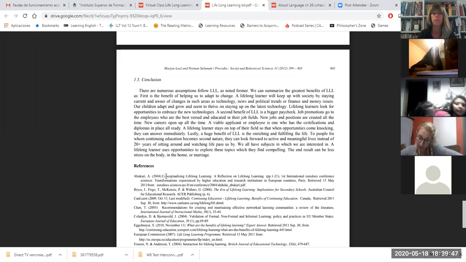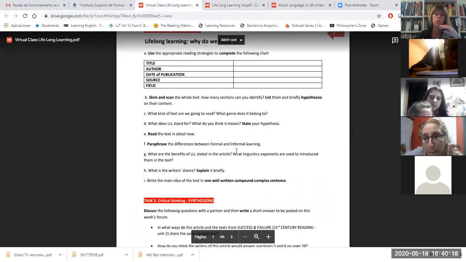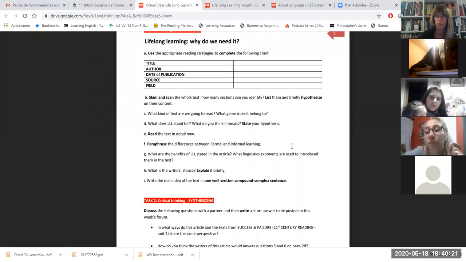Here it says "we can summarize," in the second sentence of the paragraph. Perfect, there you are. So if I had asked you what linguistic exponents were used to express the conclusion, you would say the authors used "we can summarize." So remember, linguistic exponents refer to the language used. Good. We have 2 minutes.